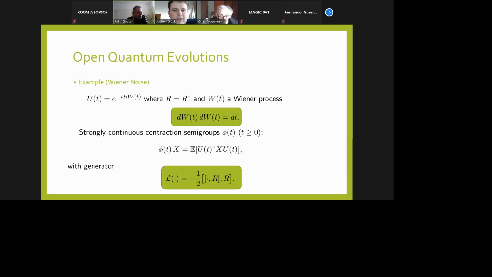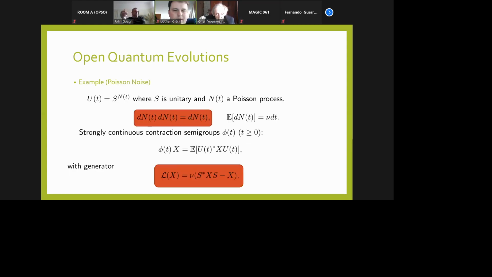It's not strongly continuous on the space of bounded linear operators, the action on B of H. Mentioned on the previous slide. Yeah. Pointwise weak star. Yeah. Thank you. Yeah, probably right.